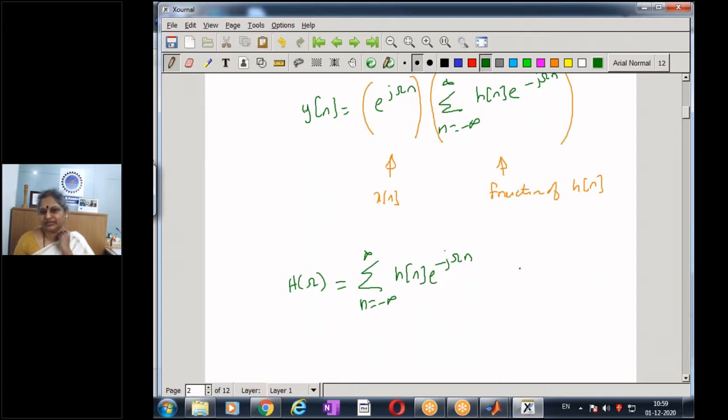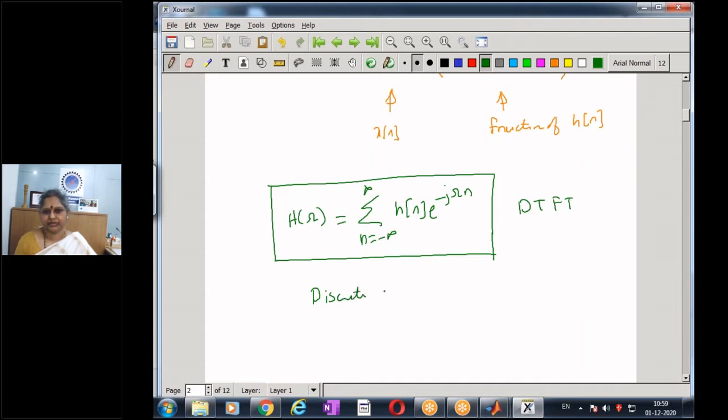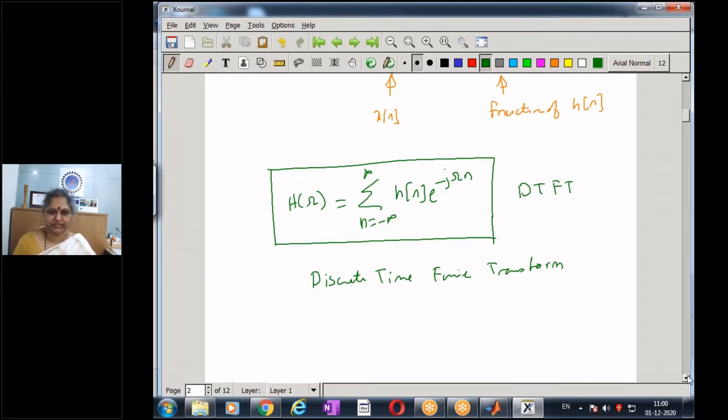This is known as the discrete time Fourier transform of the signal, and it is given by this simple summation of h of n from minus infinity to infinity, e to the power of minus j omega n.